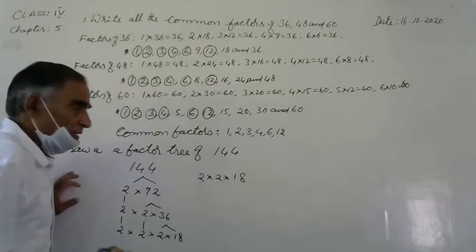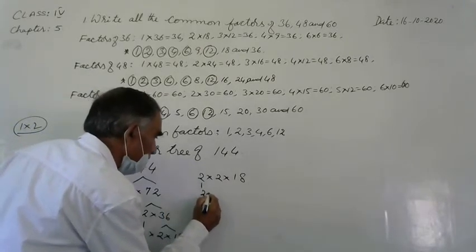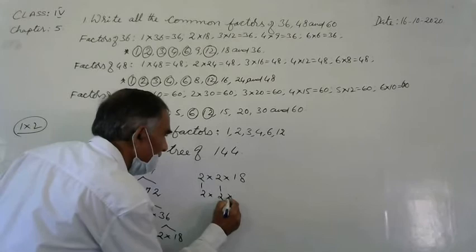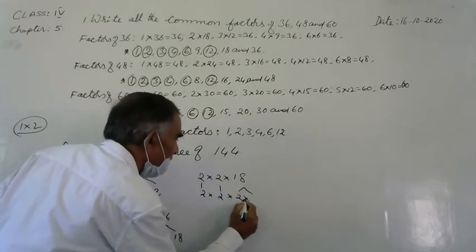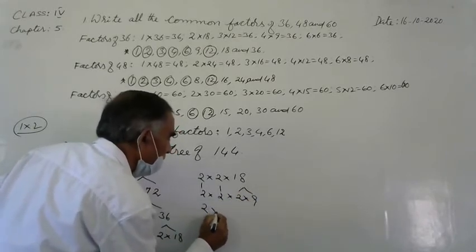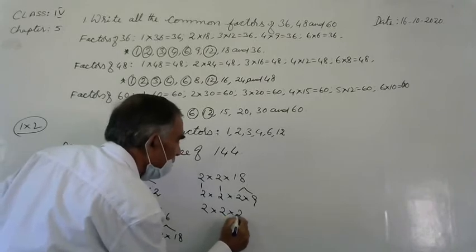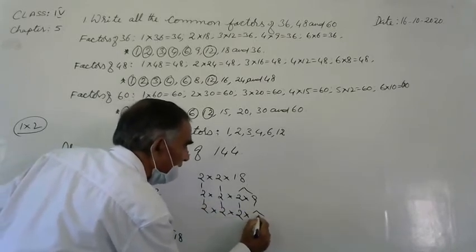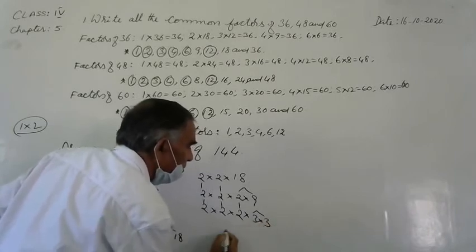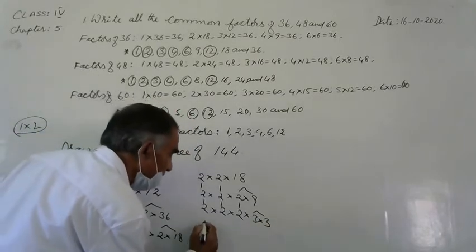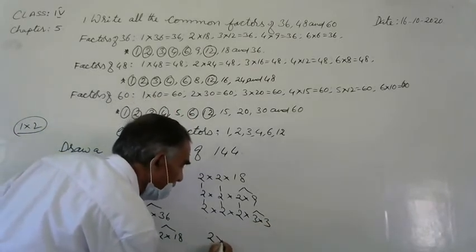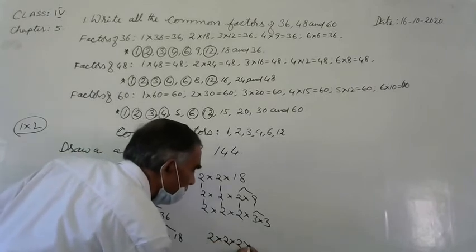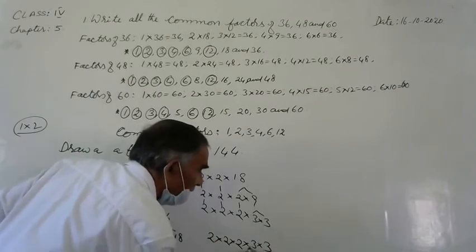Then this can again be split, the same 2 you write. 18 can be split like this into 2 9s. Okay, 2 into 2 into 2. With these numbers, we need not split. Again, this 3, 9 into this is like this. It means here 2 into 2 into 2 into 3 into 3.